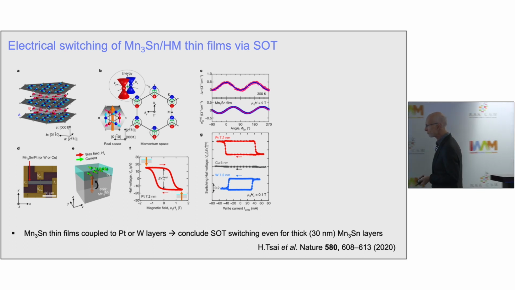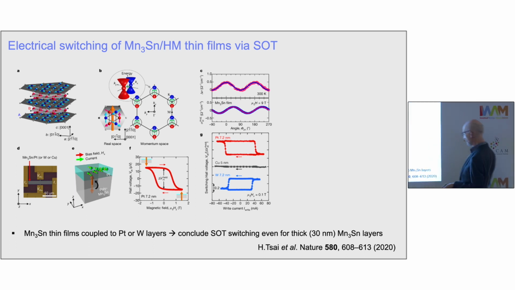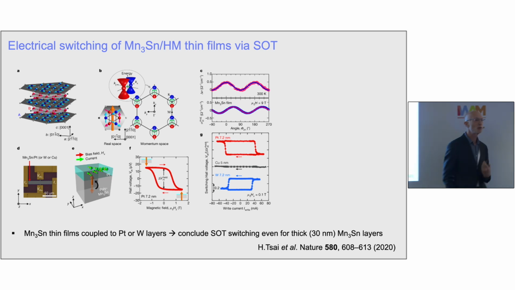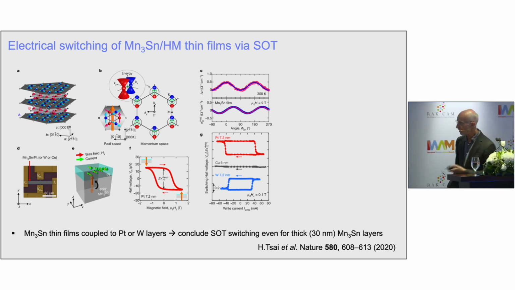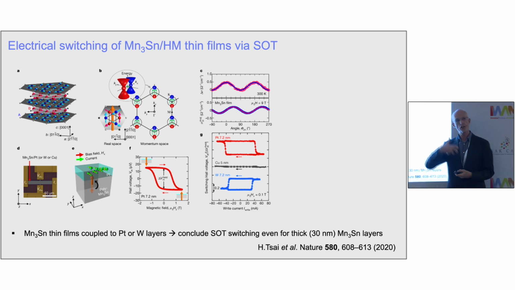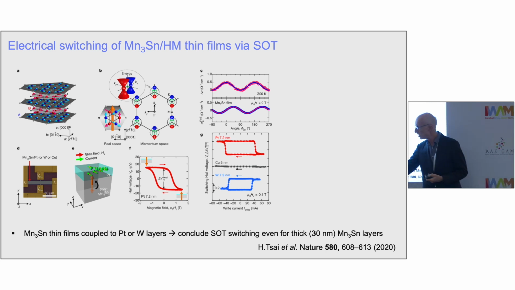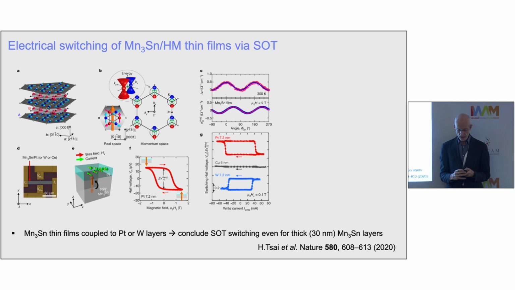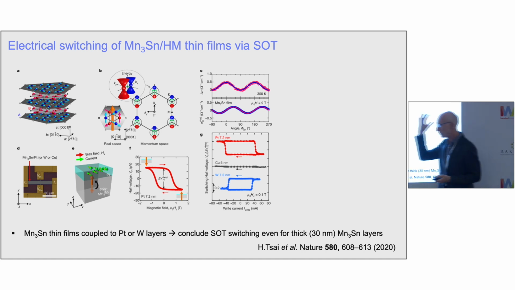We spent some time on this, and we were scooped by this group in Japan who showed in this paper in Nature, a very nice paper, that they argued they could switch the state of the chiral Kagome antiferromagnet by passing current into the system. I don't want to discuss their results.